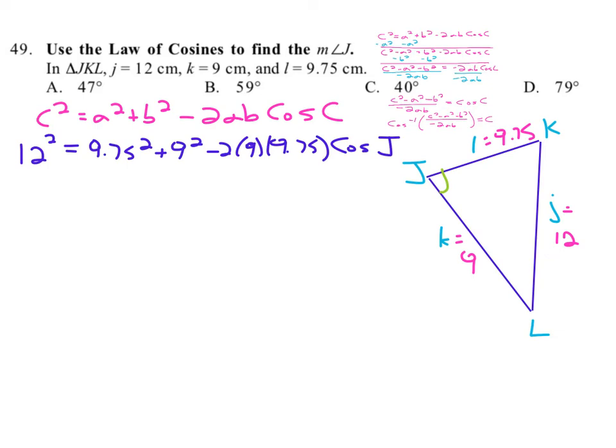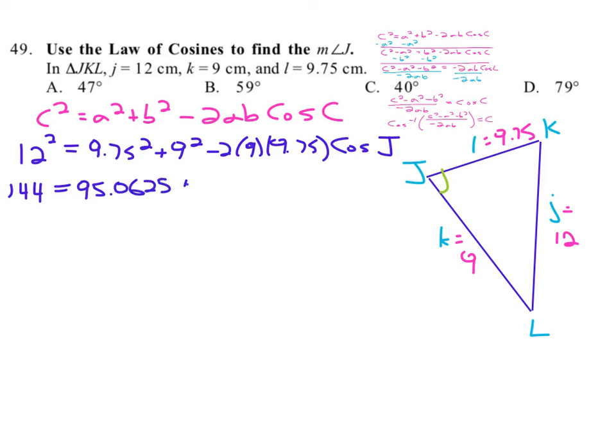12 squared, 144. 9.75 squared, don't think I know that one. And we're going to write all of the decimals, even though it seems like we could round them. We're not going to round anything yet. It's a bad habit to round things early.